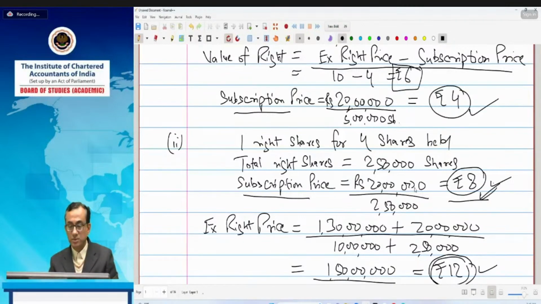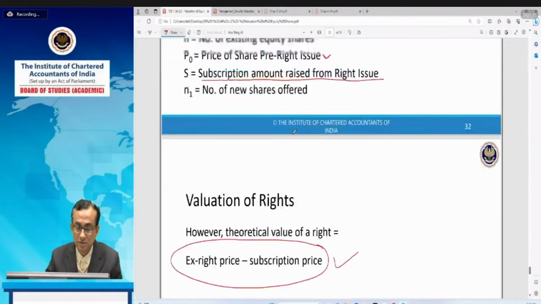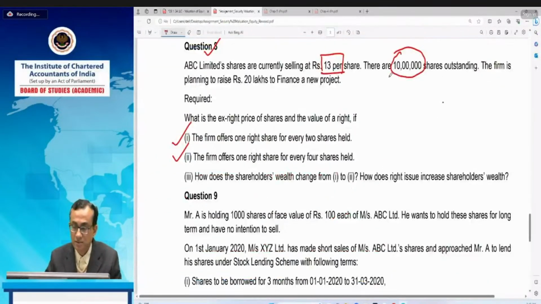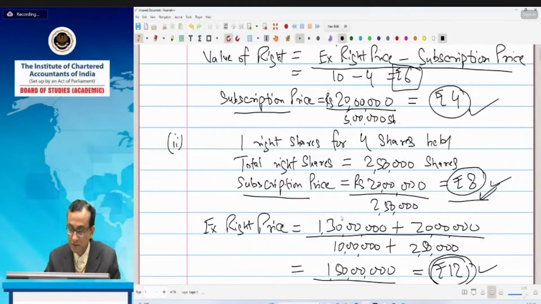Therefore, only the total number of right shares is considered. If you see the formula, this is the subscription price of the right issue. The total amount raised is 20 lakh. Therefore, this is the 5 lakh.